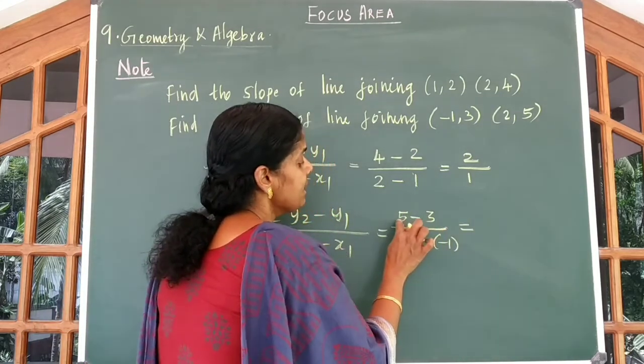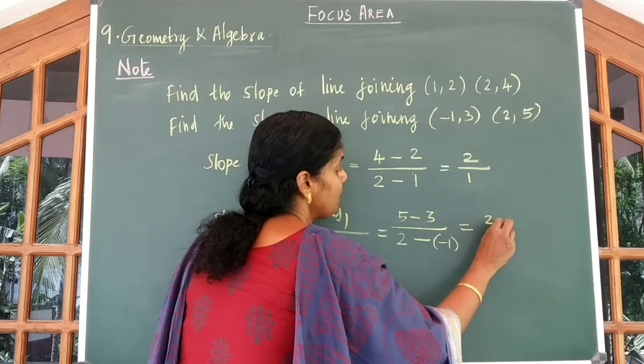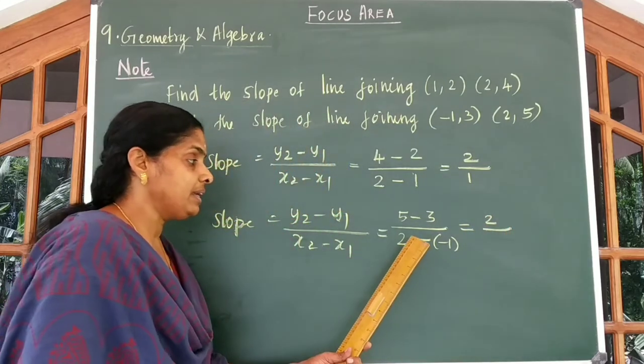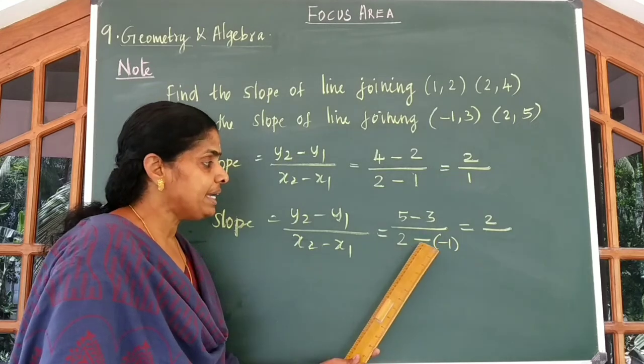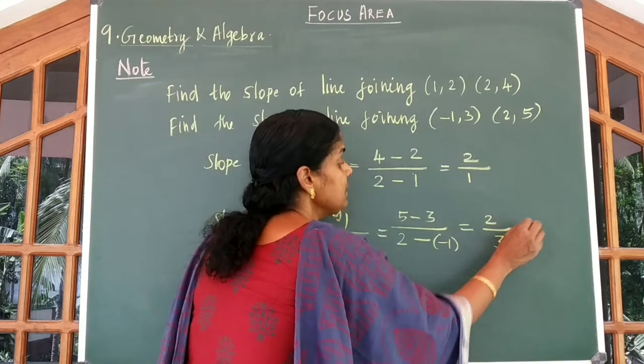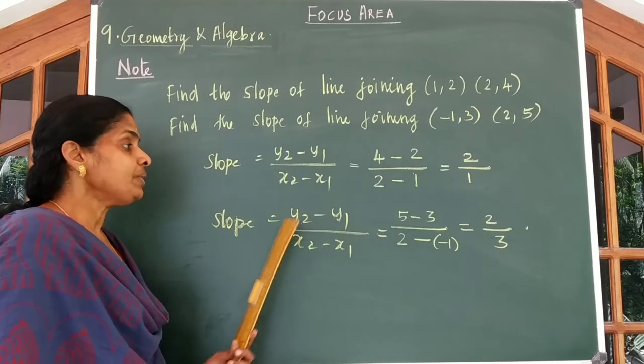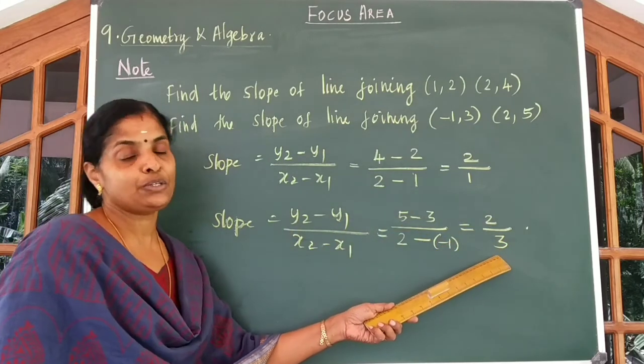So we get 5 minus 3 is equal to 2, divided by, here minus of minus becomes plus, 2 plus 1 is equal to 3. So the slope of the second line is 2 by 3.